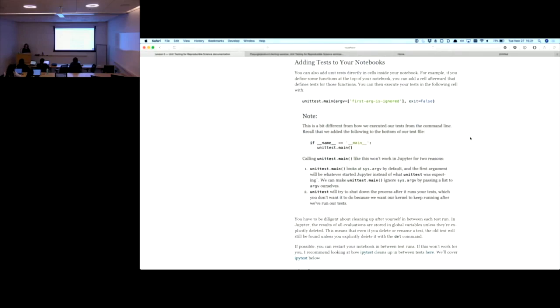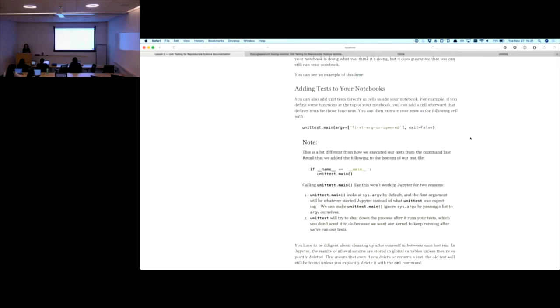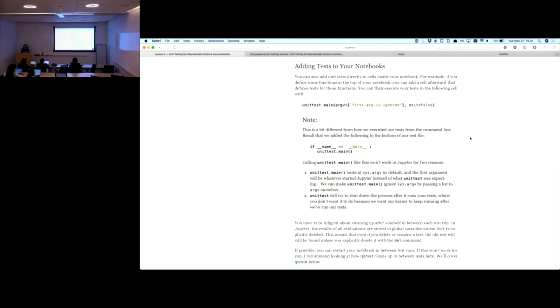So, for example, let's say you define some functions at the top of your notebook. You can add a cell right below that defines unit tests, and then you can run those unit tests right there.